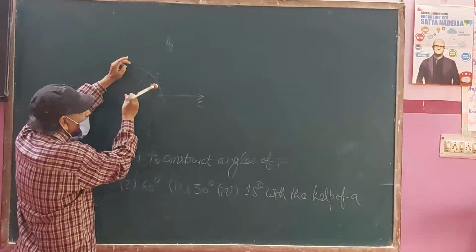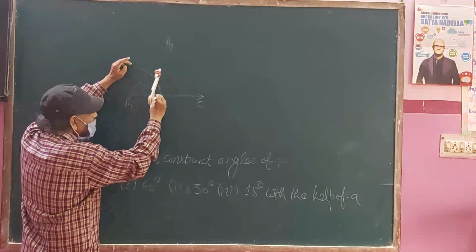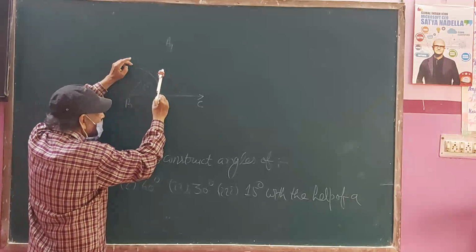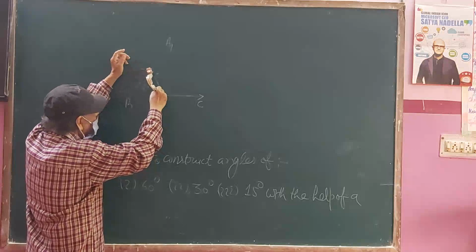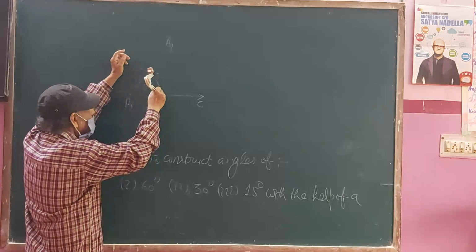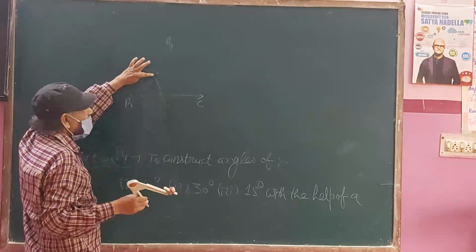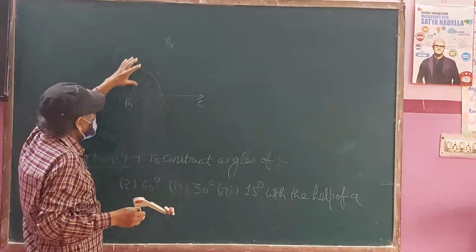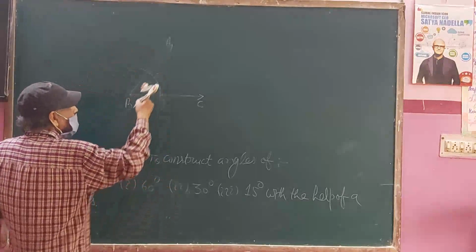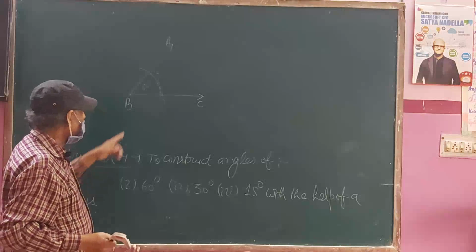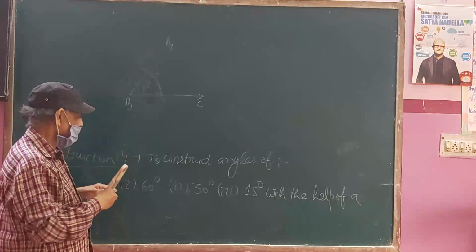It will cut BC at D. Keep your non-pencil end at D without disturbing, and put the same gap of arc here. You will generate point F. Join BF and produce it. Mark an arrow, this is the arm BA. So angle ABC is equal to 60 degree.